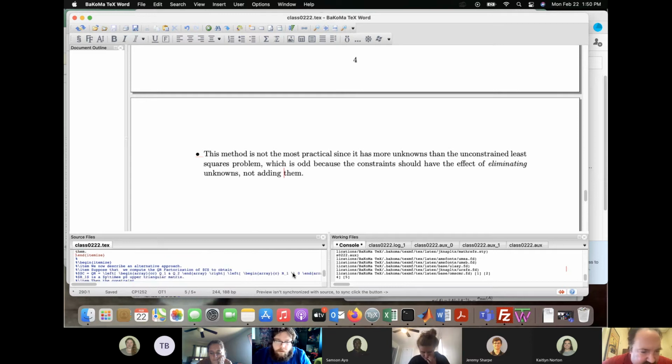Now, there is another approach that I did not assign homework on, and I will include it in the notes. I just won't take the time to discuss it here, because I don't think I would be able to in time. But it relies on a QR factorization of C rather than R, and it uses that to solve a problem with fewer variables instead of one with more variables.